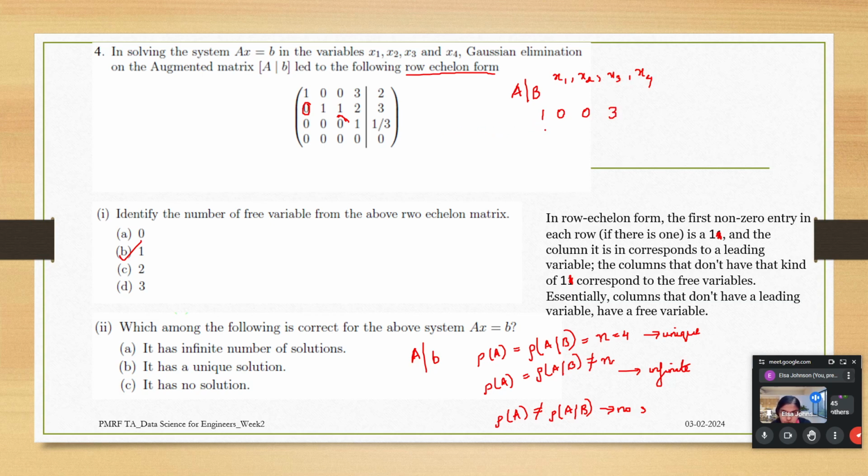The second row will be 0 1 1 2, 3, here 2. This is the augmented matrix. Then the third row should have been 0 0, so that a triangular matrix is forming, then some other number here, and the next row is 0 0 0 1 and some other number here. This is the ideal row echelon matrix I am describing.